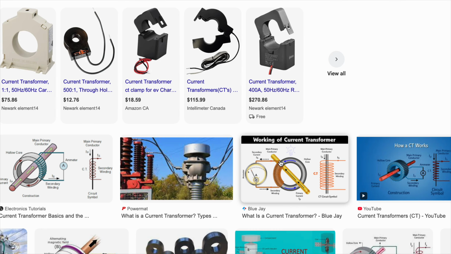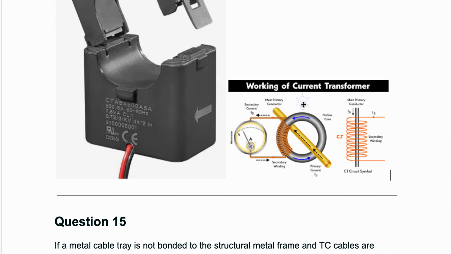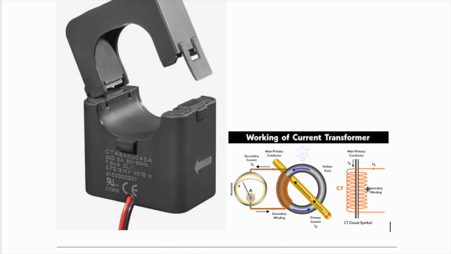We have another one. This one is good. Working of current transformer, secondary winding. This is the main wire that has a high level of ampacity, and the transformer is put around it with this clip.